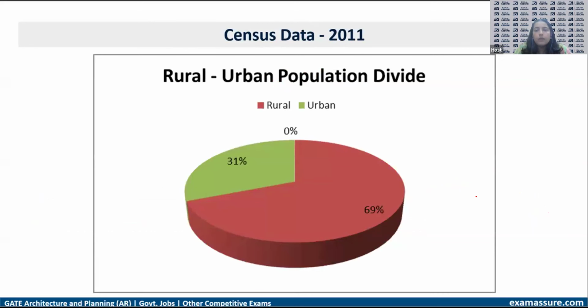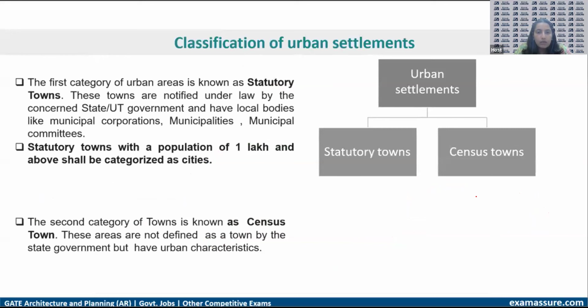Okay. Now, these urban settlements or urban areas can be classified as statutory towns and census towns. What do we understand by statute? Can I say it is something formed under a law? Statute is basically a law or an act.